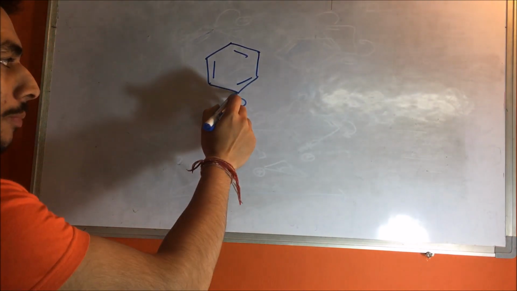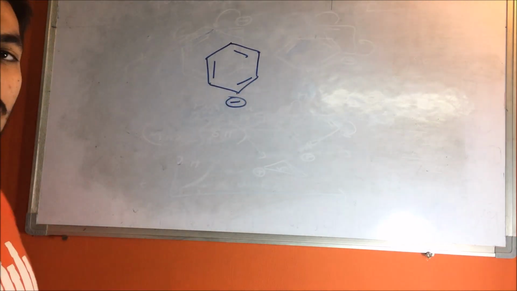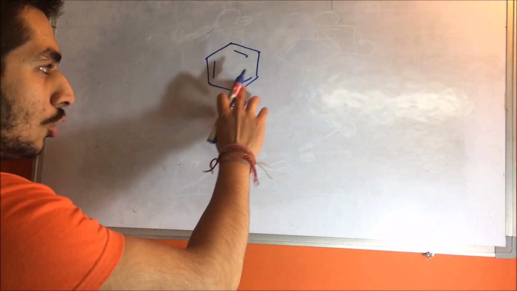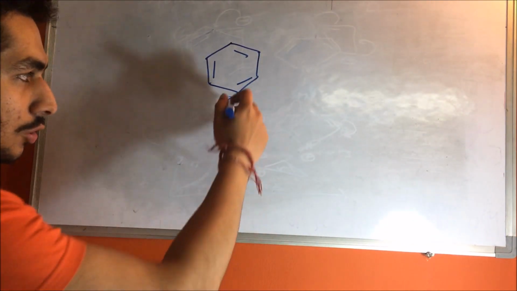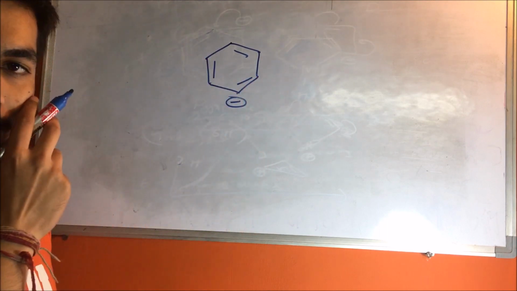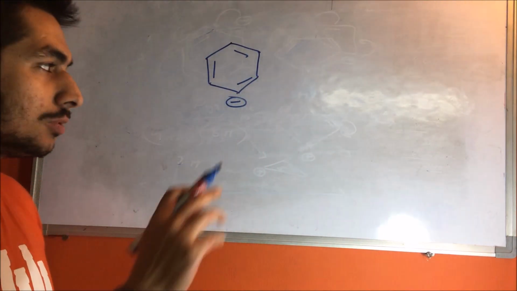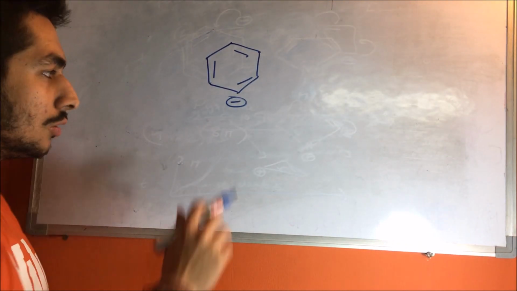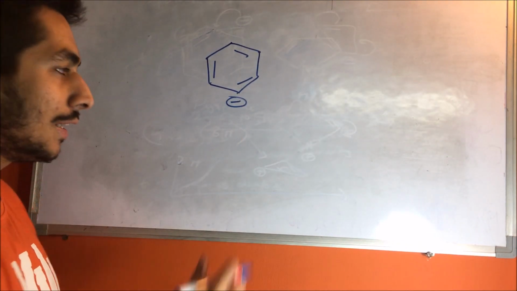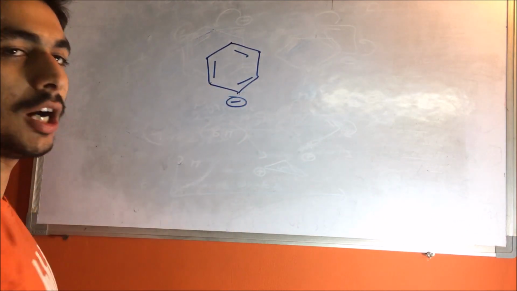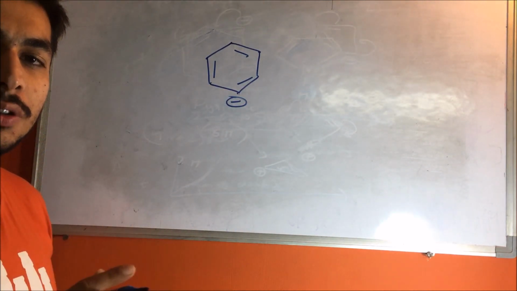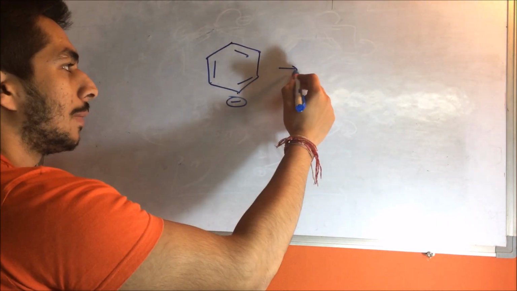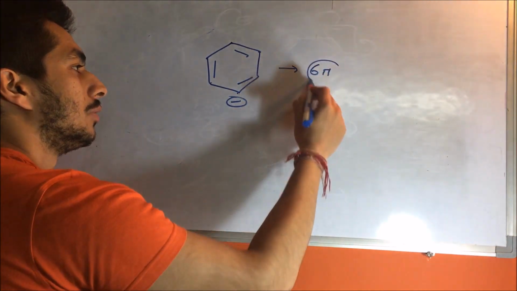But if you see this carbon over here, one of the p orbitals is already participating in bonding. That is, it's already doubly bonded. So in simpler terms, this carbon is already doubly bonded, so it cannot form more than one double bond. So this negative charge, or these pi electrons present on this particular carbon, are not going to participate in the resonance, and so this will be a 6 pi system and not an 8 pi system.